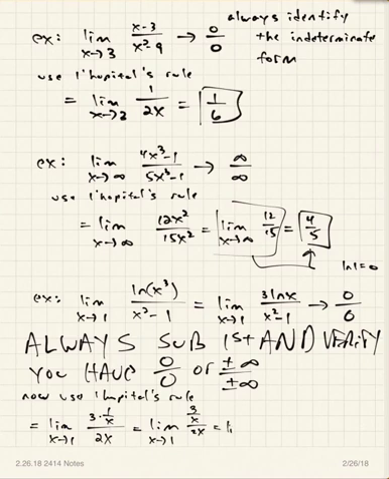And so that would be the limit as x goes to 1 of 3 over 2x squared. And see, sure enough, now that's an easy limit to evaluate using substitution, and you get 3/2. And so that would be the value of this limit.